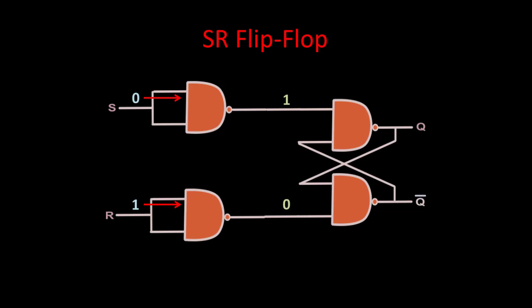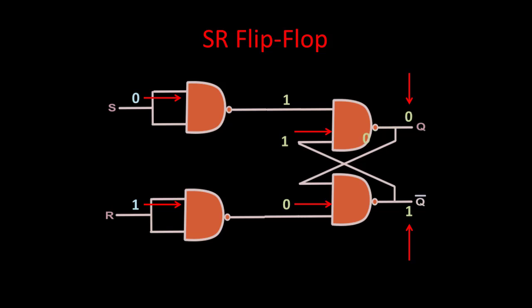In the lower NAND gate of the output, this 0 forces the output Q bar to become 1, and this goes through the feedback to the input of the upper NAND gate, and 1 1 becomes 0. So with 0 1, we have output 0 1 irrespective of the previous output. So 0 1 input gives 0 1 output.